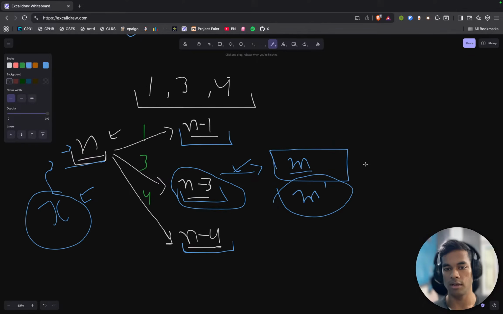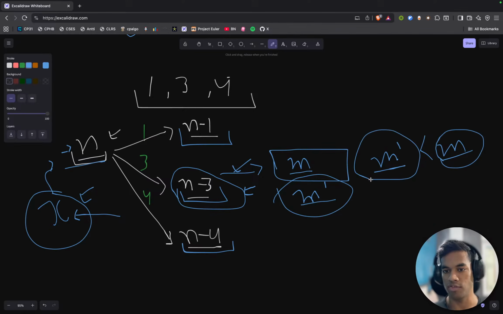And we are saying that m dash is more optimal than m. That is, m dash uses fewer coins to get to a sum of n minus 3 compared to m. But to get to this solution of x, we used this m amount of coins and not m dash. But we are saying here, to get to a sum of n minus 3, this m dash is more optimal.